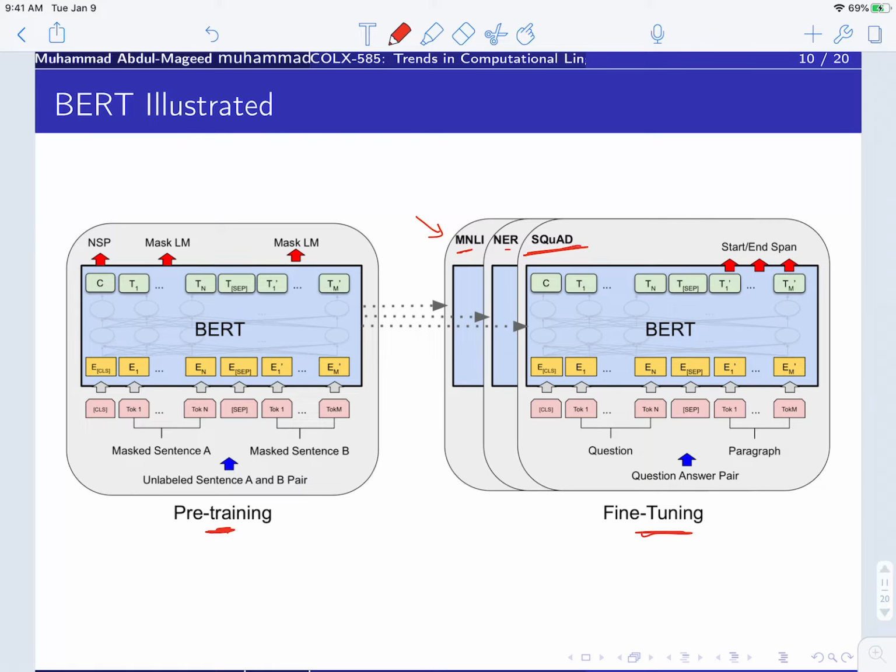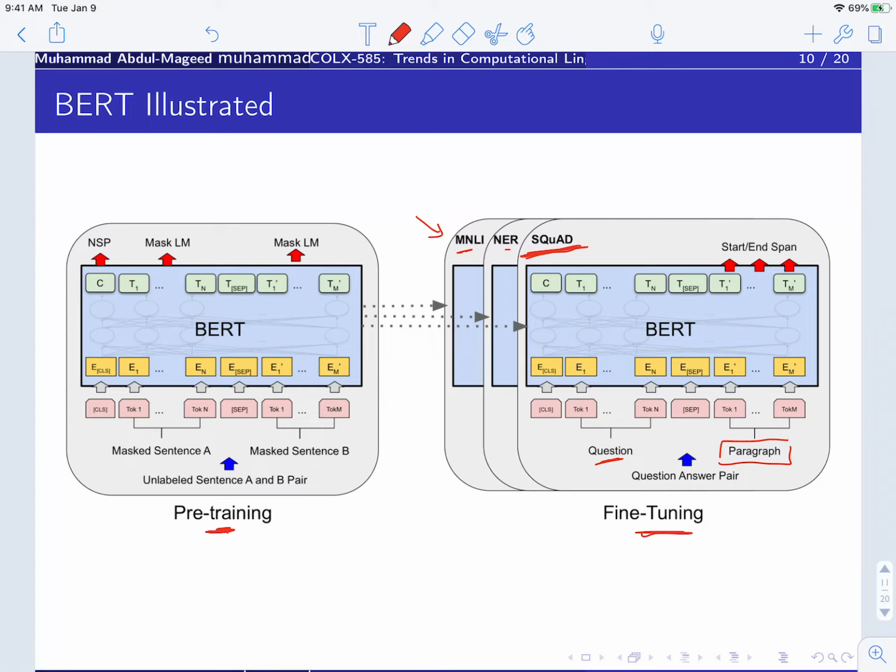SQuAD is the Stanford question answering data set. It's a question answering data set. And basically, what it is that I give you a paragraph and then I ask you questions about it. So I ask you questions about this paragraph.